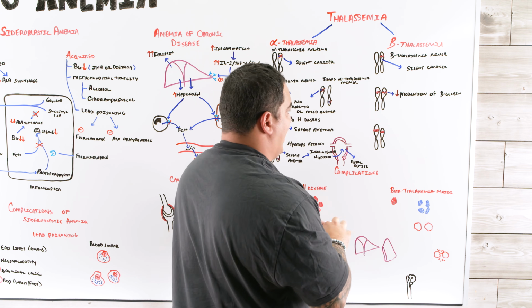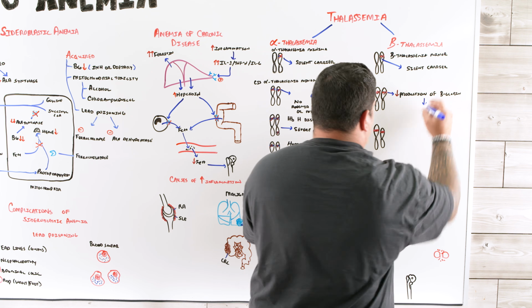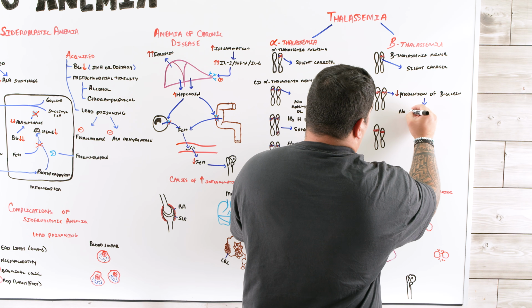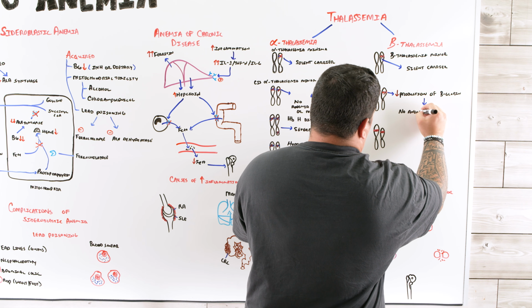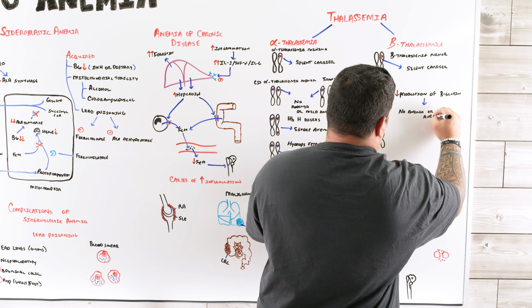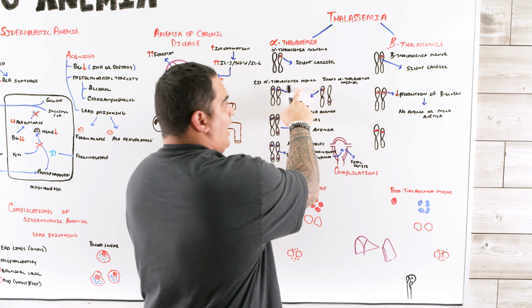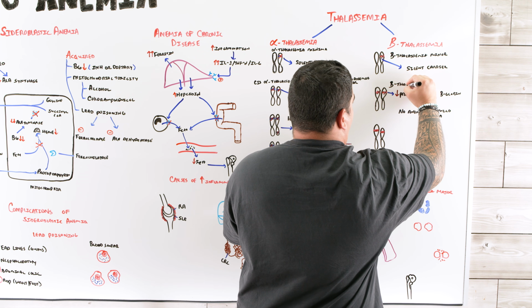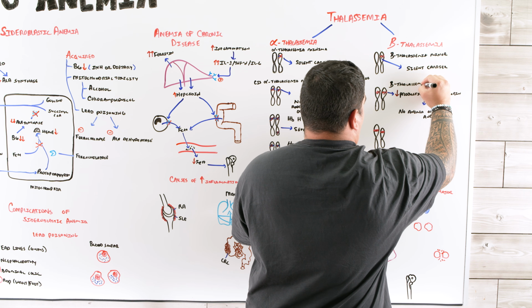This will present as beta thalassemia intermedia. So this can cause no anemia, or it can cause very mild anemia. So it's, again, kind of similar to alpha thalassemia minor. All right, this is called beta thalassemia intermedia.